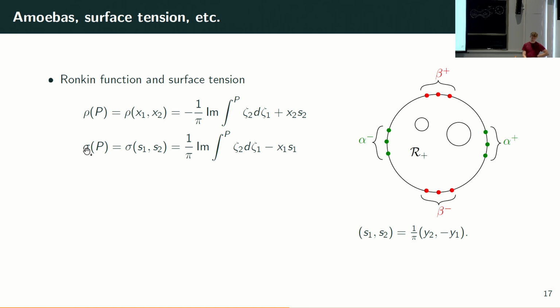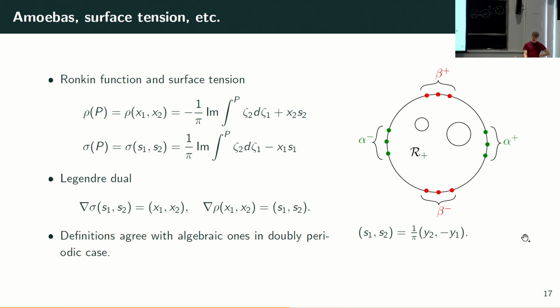And we have this sigma right here, which will play the role of the surface tension, which the dimer height function minimizes. It turns out that these two functions are Legendre dual, which you can see just from the definition, and all these definitions agree with the doubly periodic algebraic definitions.